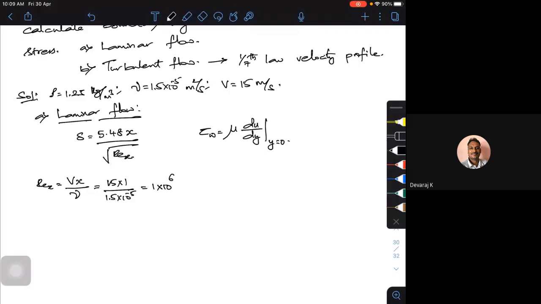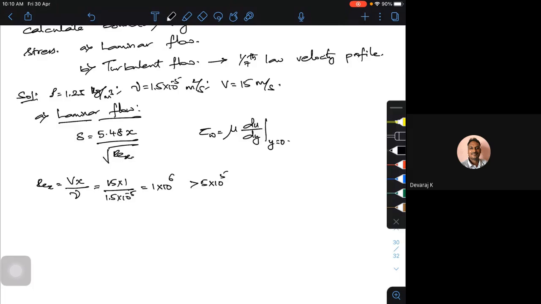Anything less than 5 into 10 to the power of 5 is laminar, and anything more than that is turbulent. Here the Reynolds number is greater than 5 into 10 to the power of 5, which clearly shows that this is a turbulent flow.